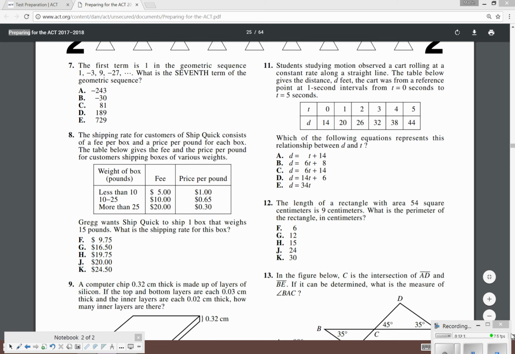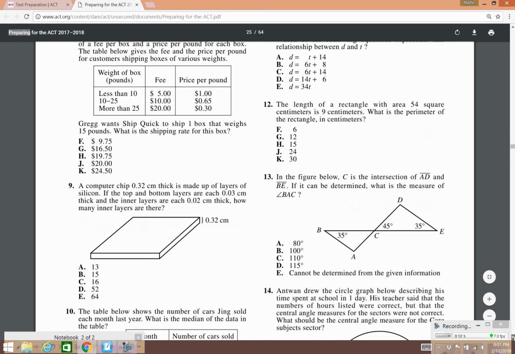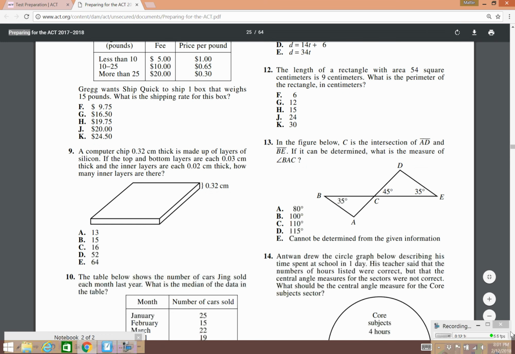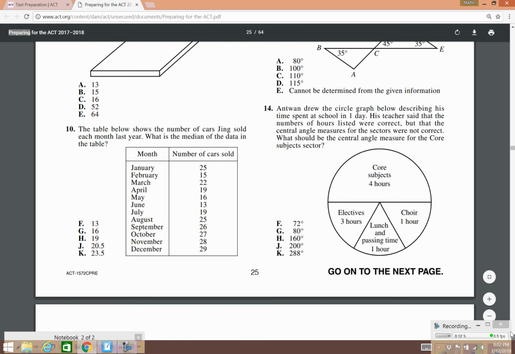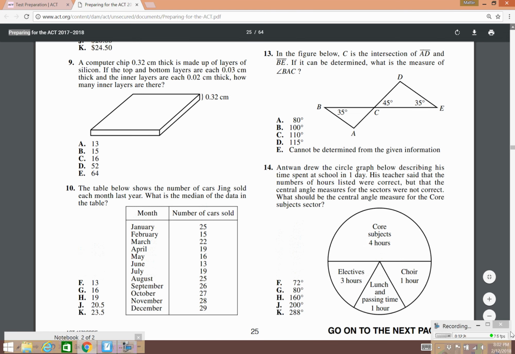Number 9 says that a computer chip is 0.32 centimeters thick. It's made up of layers of silicone. If the top and bottom layers are each 0.03 centimeters thick, and the inner layers are each 0.02 centimeters thick, how many inner layers are there?